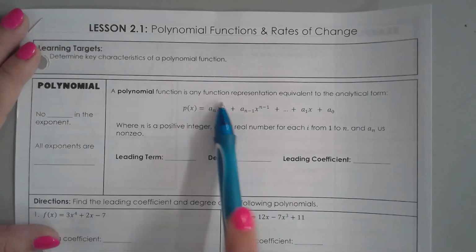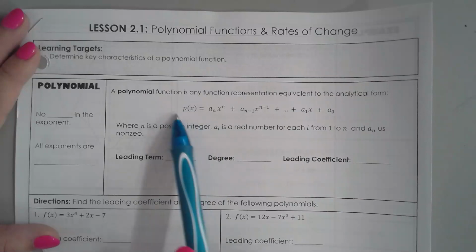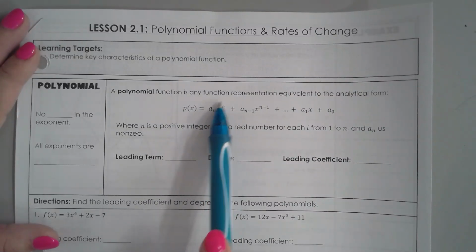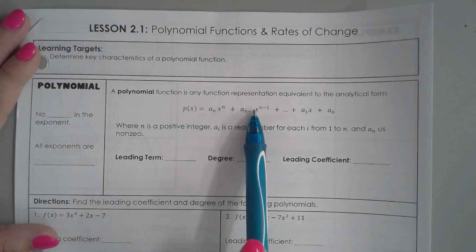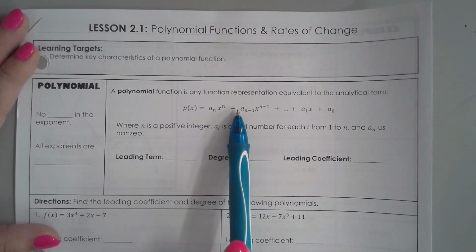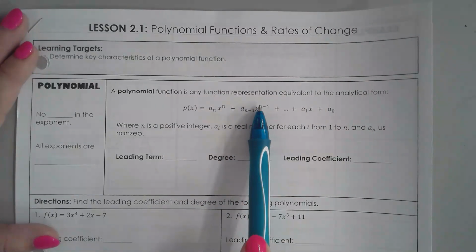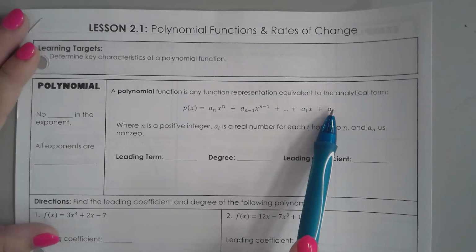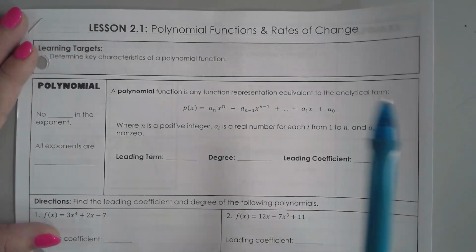Basically, you have a number with an x to some exponent, plus another number with an x. So if your first one had an exponent of 5, then you would have another number, x to the 4th, then x to the 3rd, and then just x, and then just a number. That's a polynomial. You've seen them.